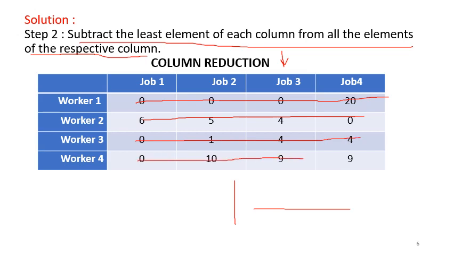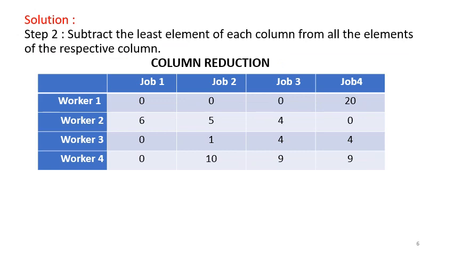So by drawing four horizontal lines, you can cover all the zeros. Or you can do it this way: you can cover all the zeros by drawing four vertical lines. This is also possible. All zeros are covered.